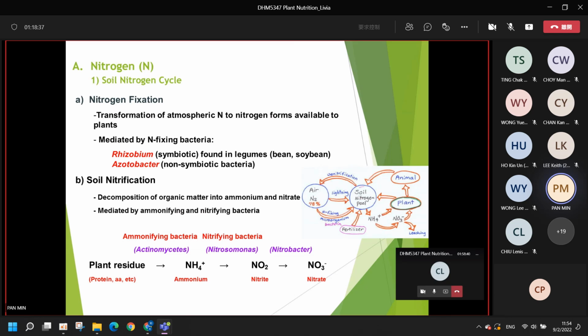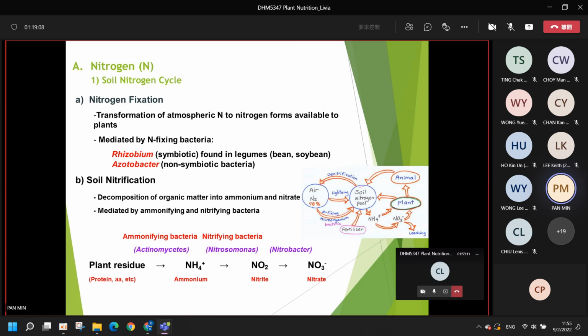Nitrification is an important step in the nitrogen cycle in the soil. And nitrification is an aerobic process, which means that it needs oxygen, and is performed by small groups of autotrophic bacteria.